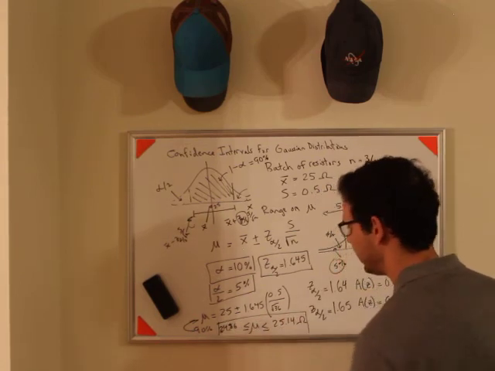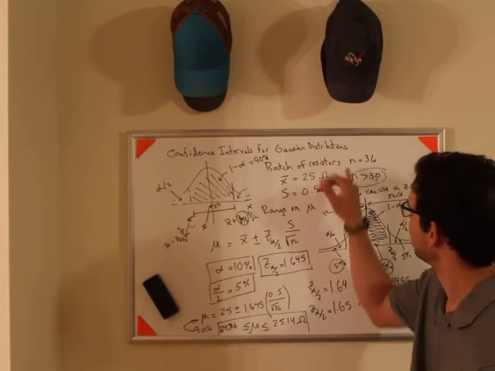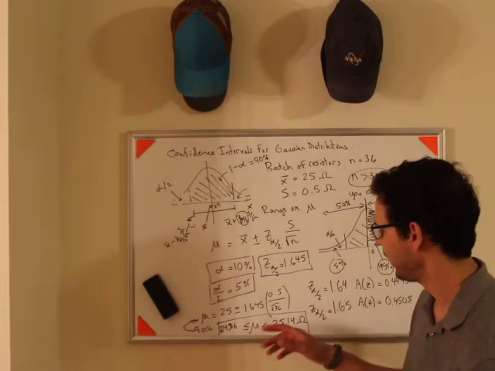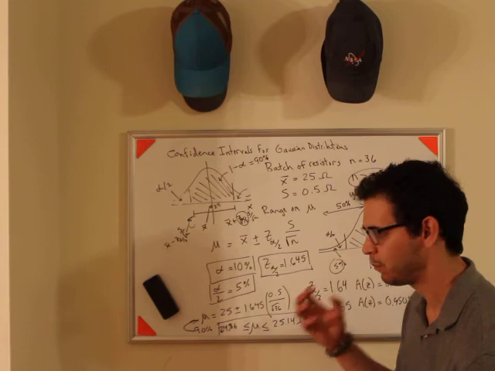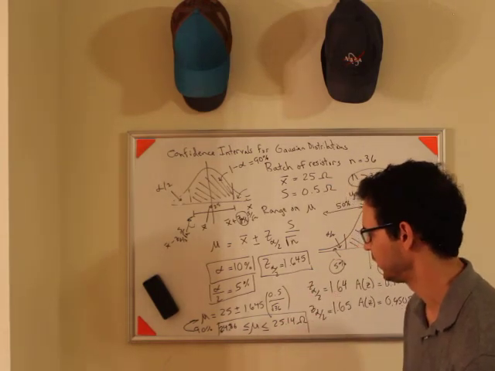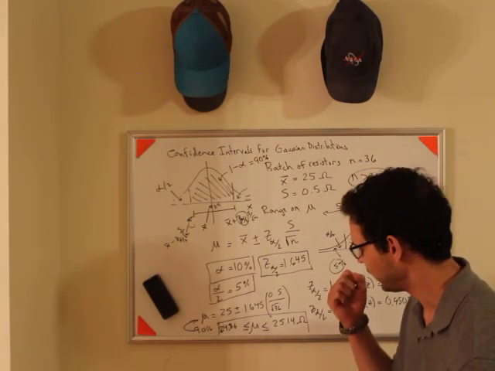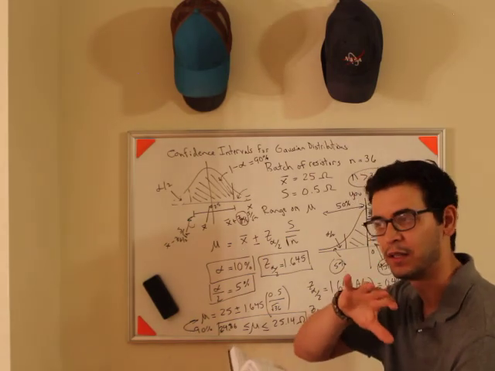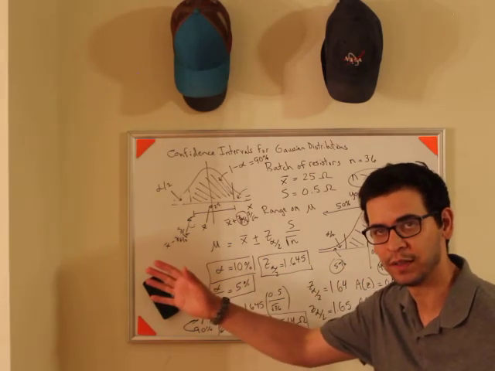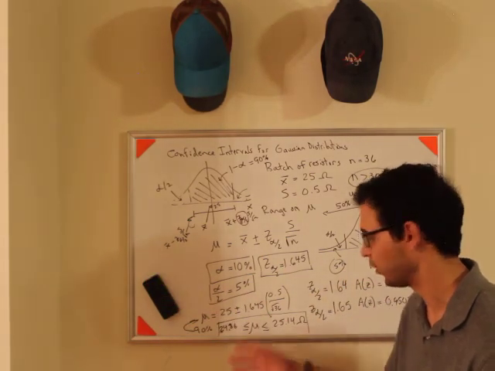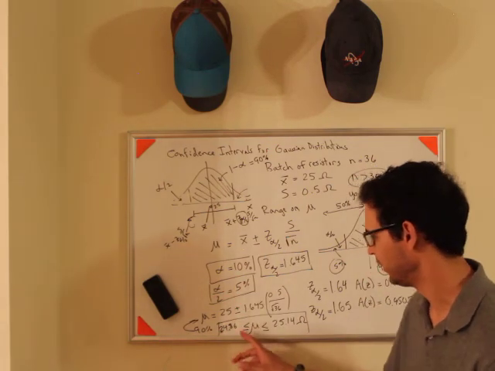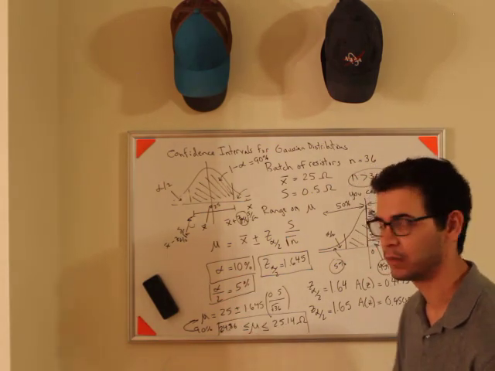And so what that means is that they took 36 samples, and they are saying they have a 90% confidence that the true mean of the entire distribution of resistors in the entire universe, or for this class of resistors, is going to fall in between these two numbers.